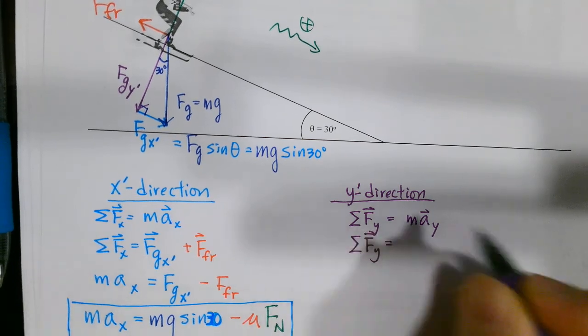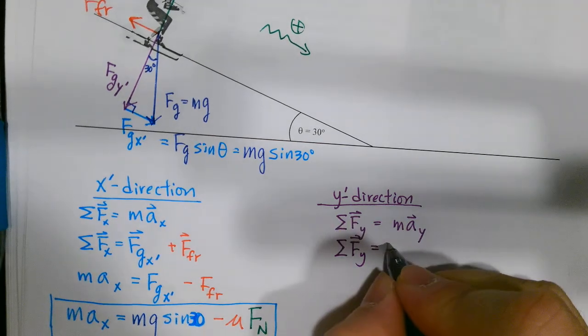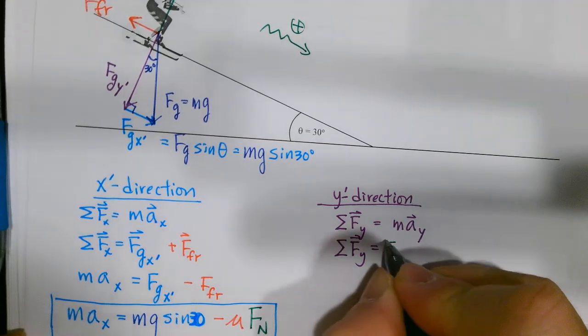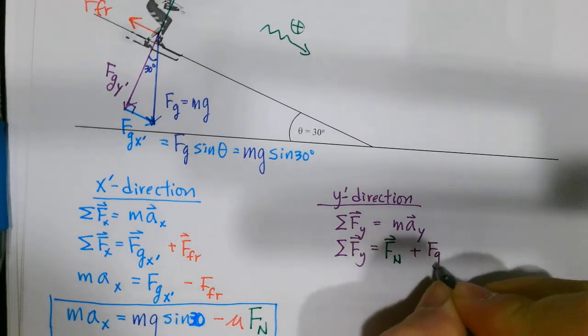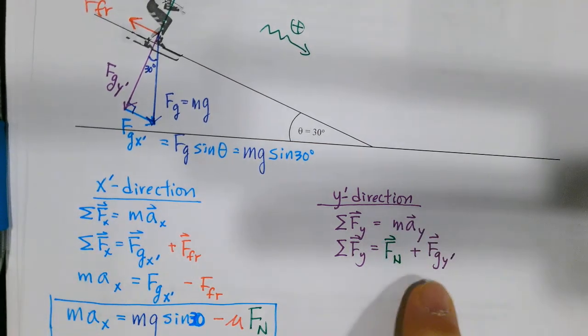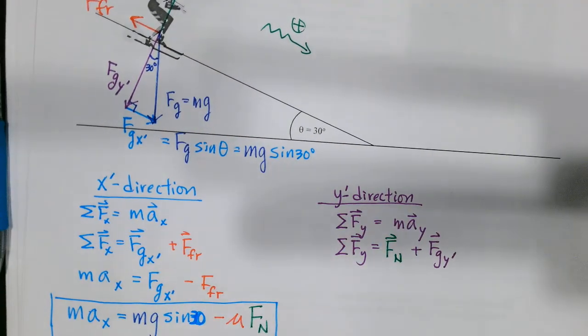Okay, so the sum of all forces in the y direction, I only see two forces, and that is my F normal plus F_gy prime. So these two forces are the only forces in the y prime direction.